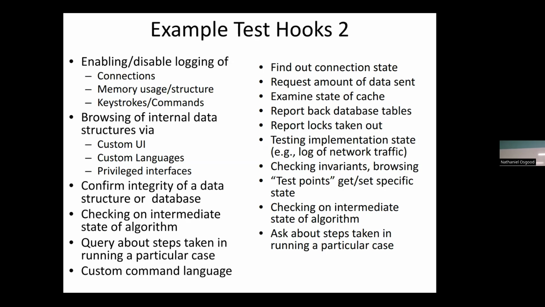Browsing of internal data structure, the capacity to browse an internal data structure. Maybe there are internal data structures where if you go through it manually in a debugger, not that I'd recommend GDB for it, but imagine going through things, it would be really tedious to explore it. Maybe you have a custom UI that will make it really easy.